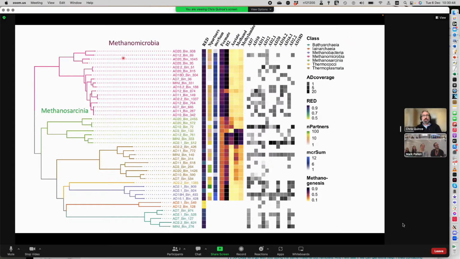So the methanogens were split into 3 or 4 major groups. We've got the Methanomicrobia here, and these columns show the predictions from the machine learning trait prediction. So we've used it to predict which substrate they can use for methanogenesis. All of the Methanomicrobia are coming up as autotrophic methanogens that can use either formate or hydrogen.